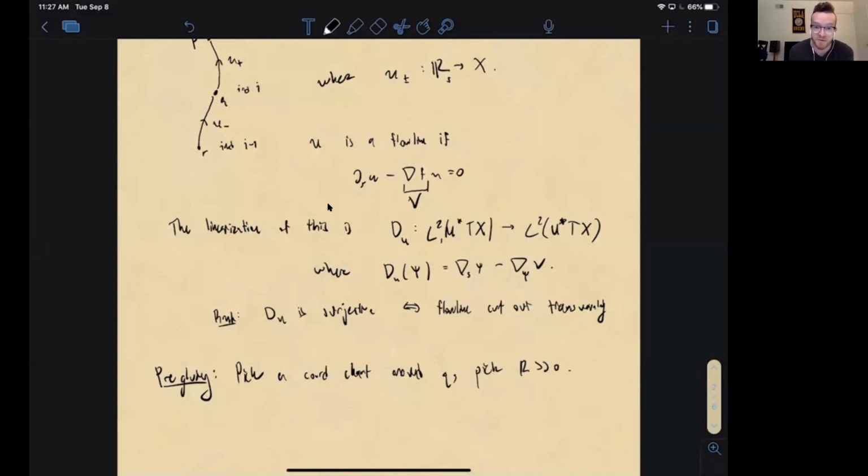Oh, okay, a chat comment for anyone watching the recording: I think I was wrong. The subscript 1 in L21 is because we're looking at sections of a bundle and not functions. Thank you.